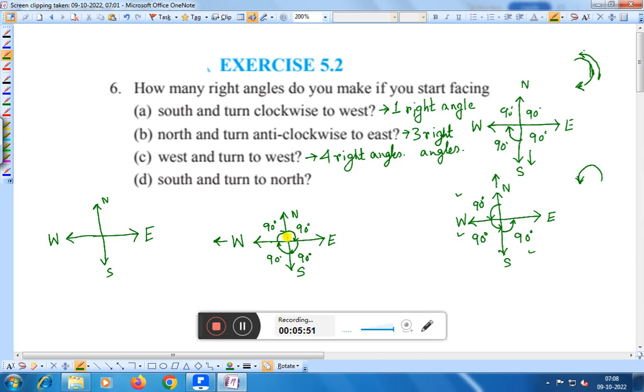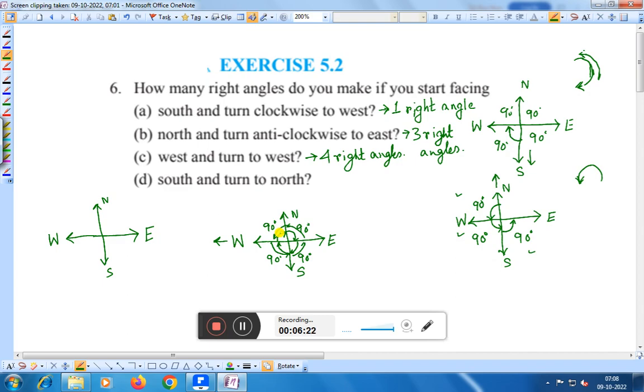If we go anti-clockwise, you have to go this way, and again this way, again this way, and again this way. Same, right? If you go clockwise or anti-clockwise, both cases are the same. That is 4 right angles.